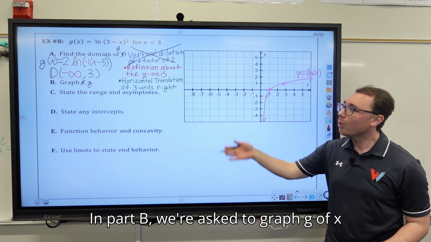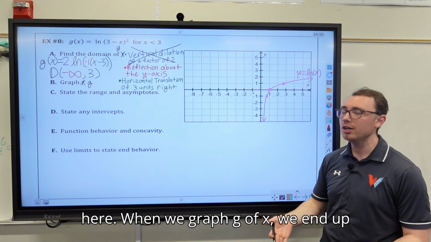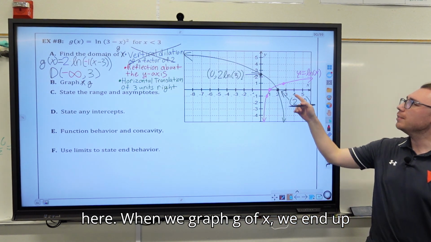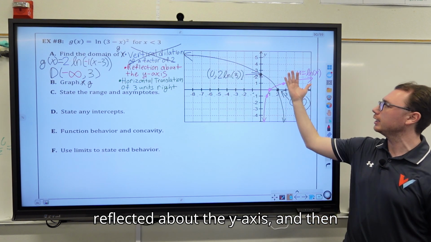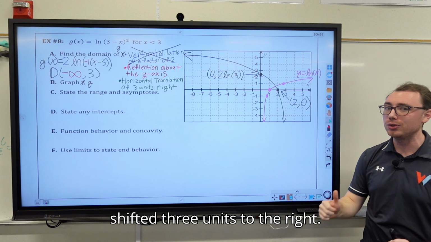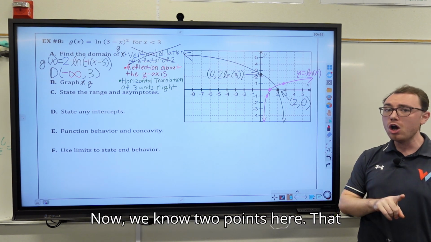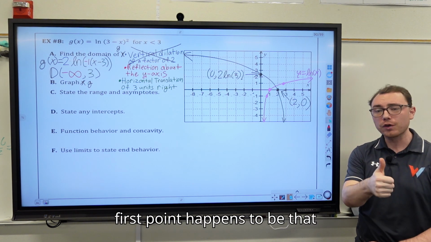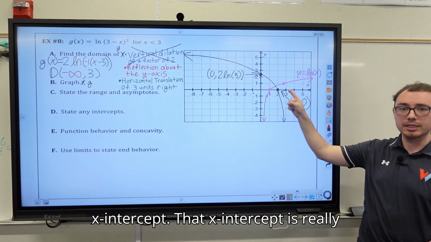In part B, we're asked to graph g of x here. When we graph g of x, we end up getting this kind of graph where it's reflected about the y-axis and then shifted 3 units to the right. Now, we know 2 points here. That first point happens to be that x-intercept.